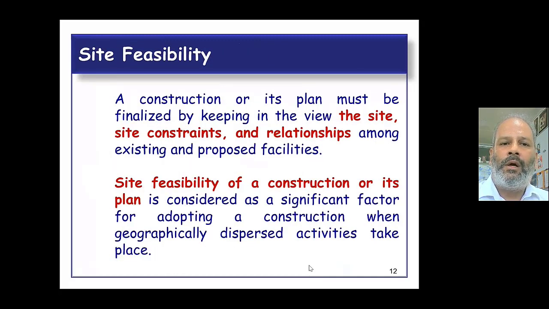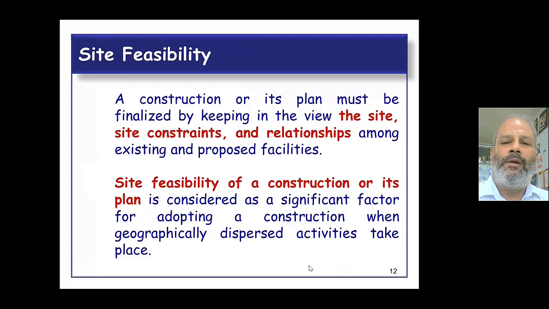The other thing that comes into the picture is site feasibility. Whatever we plan, that plan must be in line with its surrounding. Whatever construction or execution plan we finalize, we must keep in mind what the site constraints are, how that construction is going to affect surrounding, or the relationship between the existing and the proposed construction.